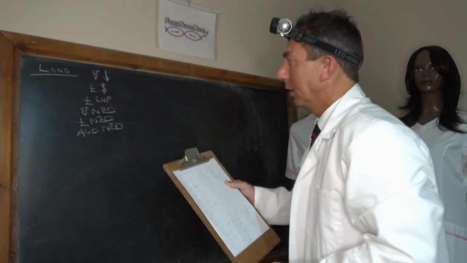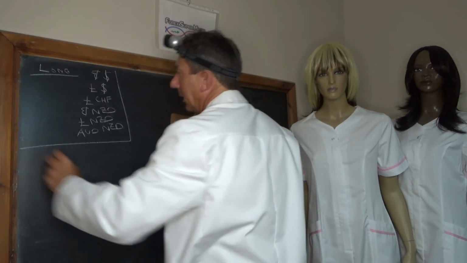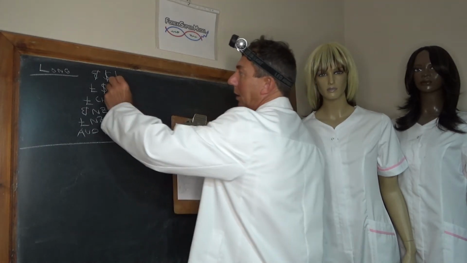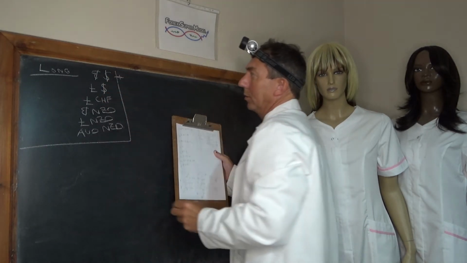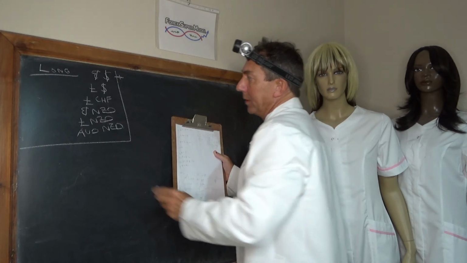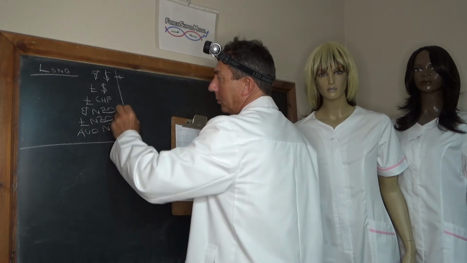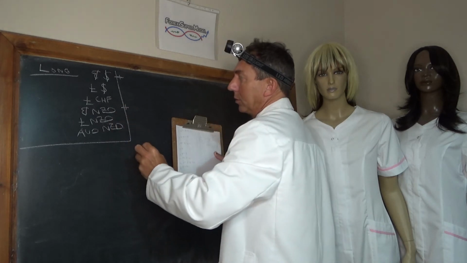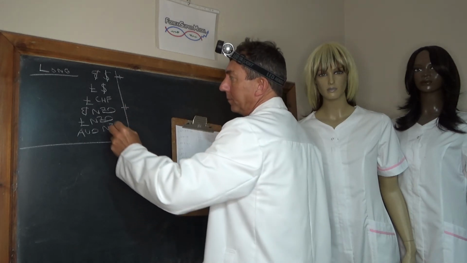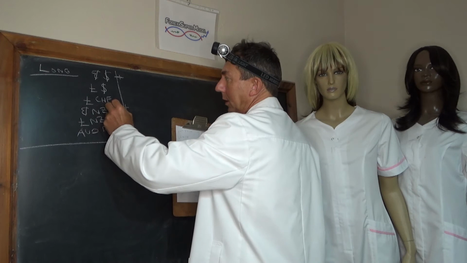Right, so that's what we are. We added to the euro dollar positions yesterday. We added to euro New Zealand, and we also had a little go at adding to the pound Swiss.